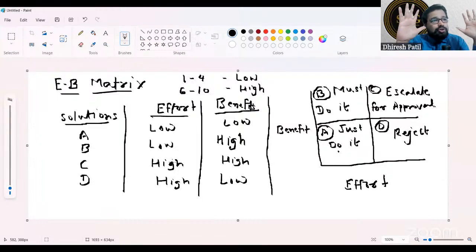Those are the ideas, solutions, without filter. Once we list those ideas, then we can use these filters to prioritize those ideas.